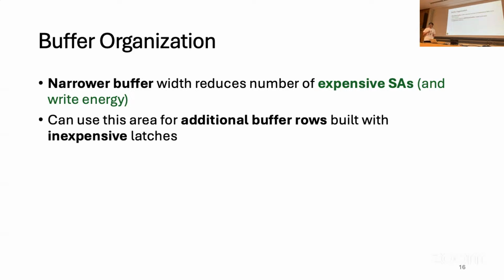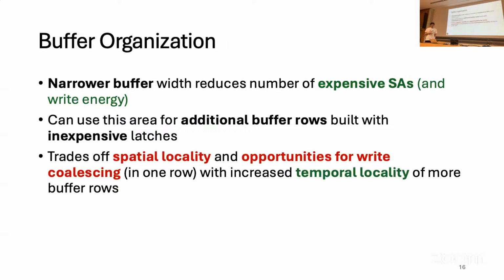And this area that we save, we can repurpose it and build additional buffer rows. And these are built with inexpensive latches. So what this does is trade off spatial locality and opportunities for write coalescing in one row, which is negatively affected because we decrease the width, with increased temporal locality of having more buffer rows.